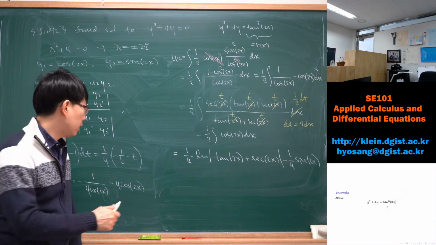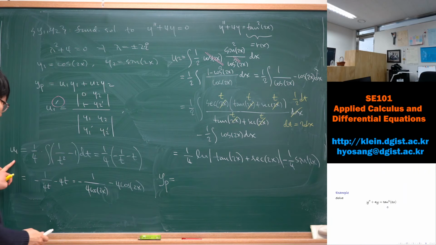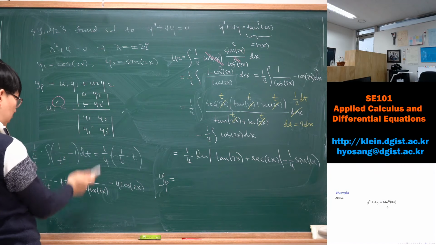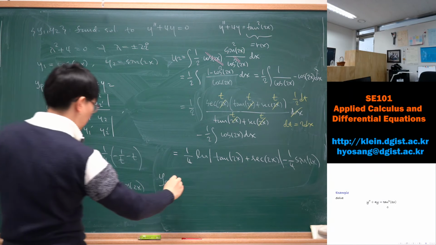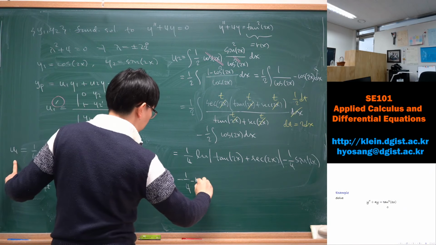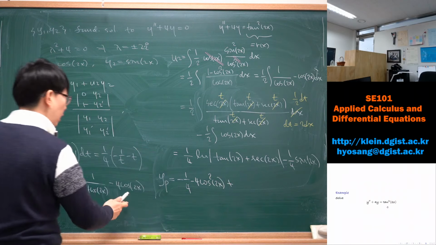That's our u2. So what is yp? yp is u1, this guy, times y1, cosine 2x. So there's a canceling: minus 1 over 4 minus 4 cosine squared 2x.